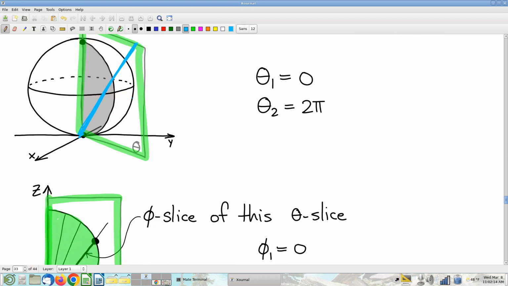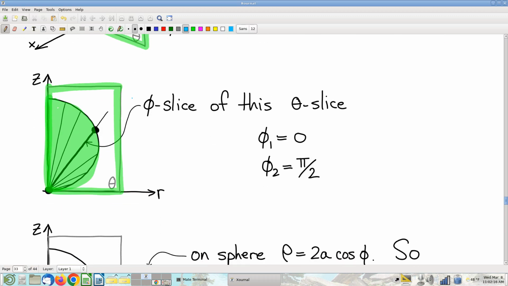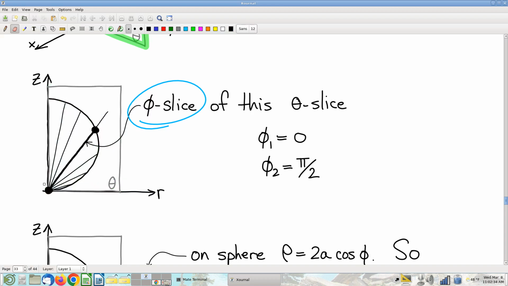So in my freshly drawn theta slice picture, rays coming out of the origin are what my phi slices look like. And so I just want to think about the starting and ending values of these phi rays coming out of the origin. Here we are again with the same danger.